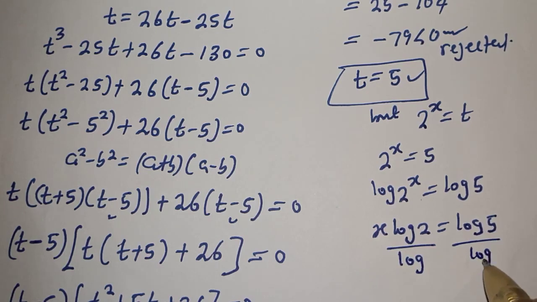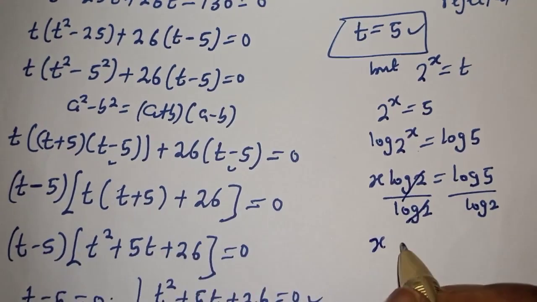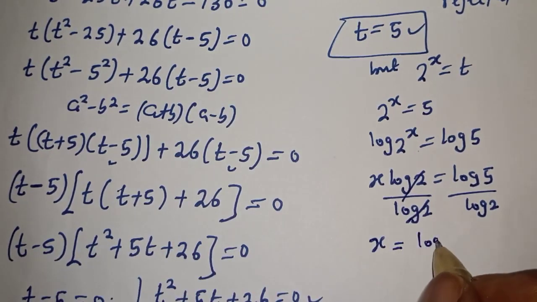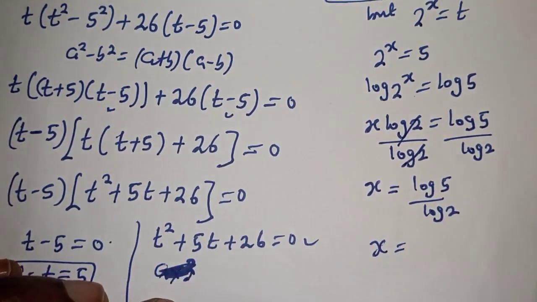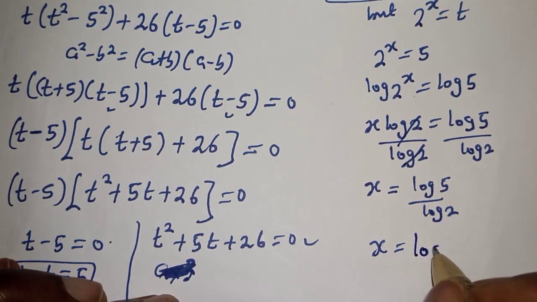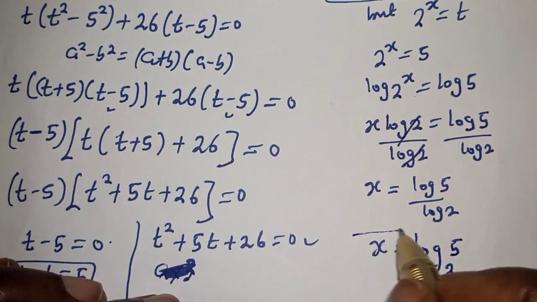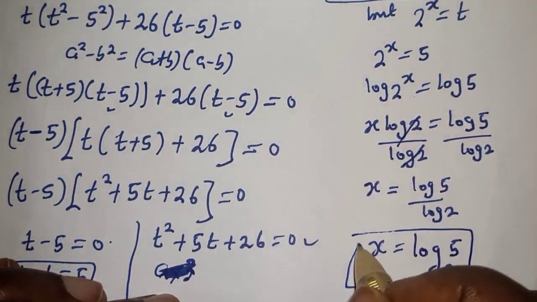This will cancel this. s is equal to log 5 over log 2. Therefore, s is equal to log 5 base 2. This is the final answer.